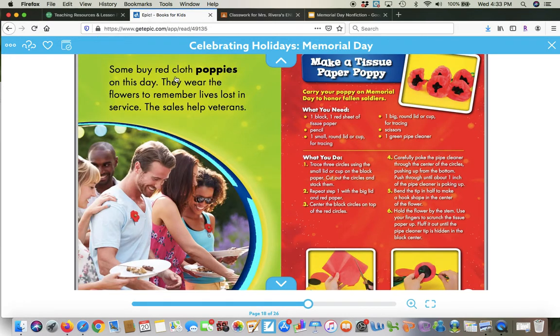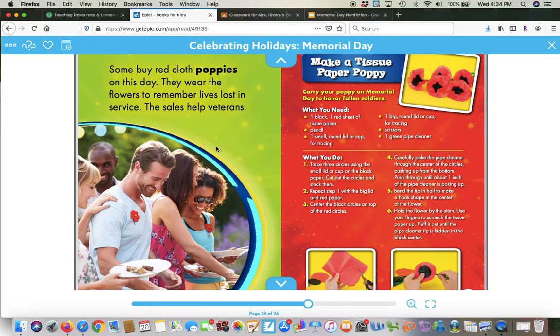Some buy red cloth poppies on this day. That's what it is right here. This thing on his shirt. They wear the flowers to remember lives lost in service. The sales help veterans, so they sell these pins to put on, and the money actually goes to the veterans, the people who are still alive, who have fought in our wars for us and have joined in the army and in the navy and in the military.